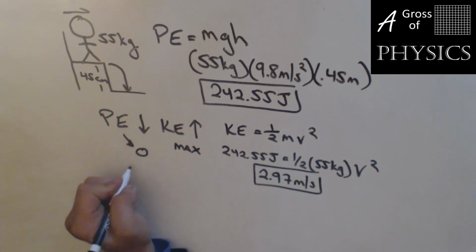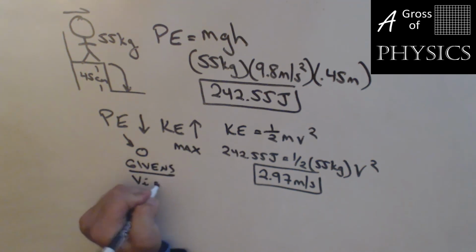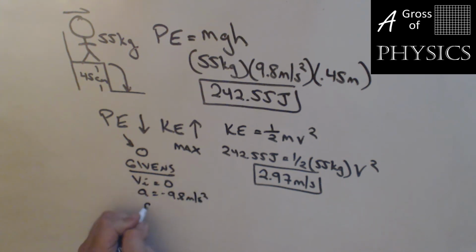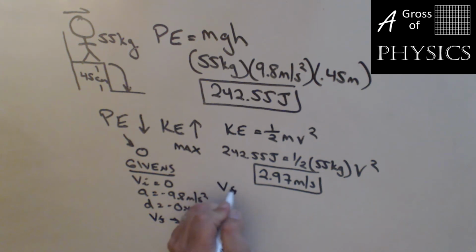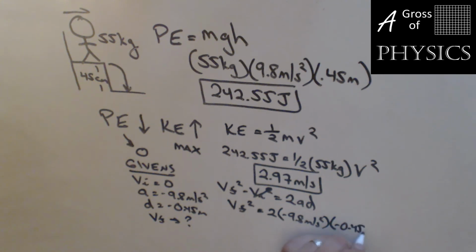Now you could have done the same thing with VI is 0, A is negative 9.8, and D is negative 0.45 meters. And you'd use equation 5, which is VF squared minus VI squared equals 2AD. VI is gone. VF squared equals 2 times negative 9.8 times negative 0.45 meters.